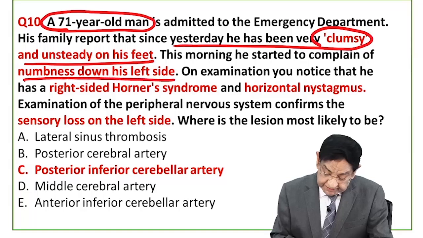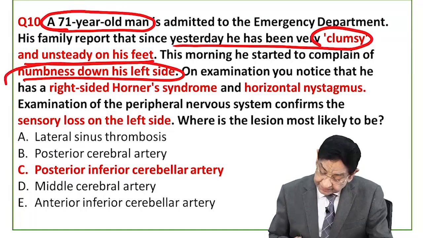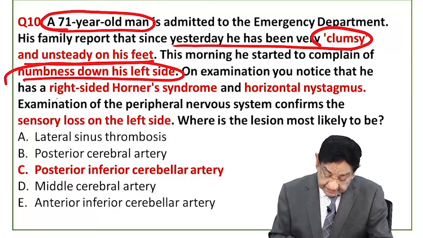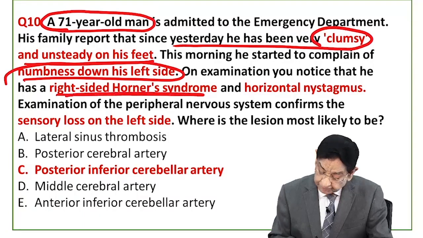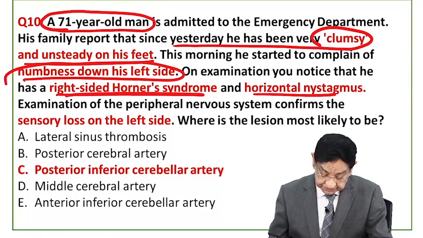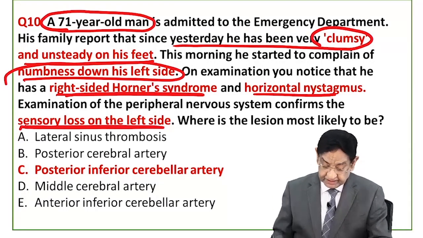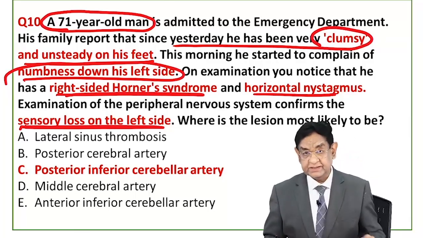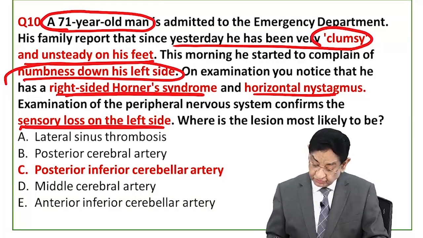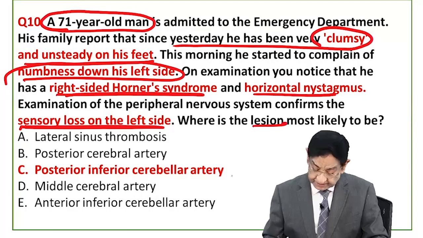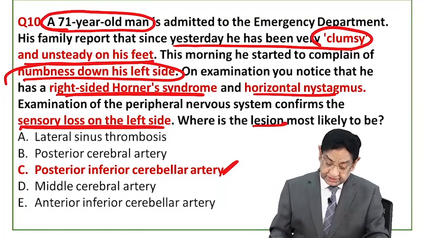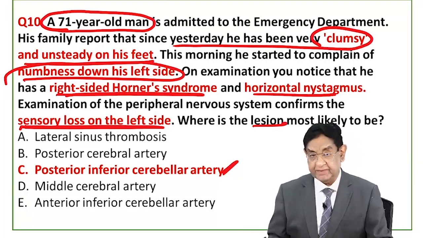Numbness down his left side. Right-sided Horner syndrome. Nystagmus. Sensory loss on the left side. The answer is where the lesion is. The answer is posterior inferior cerebellar artery.